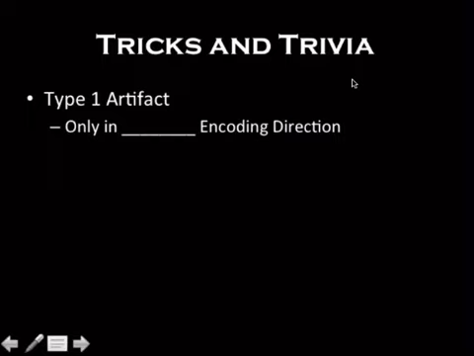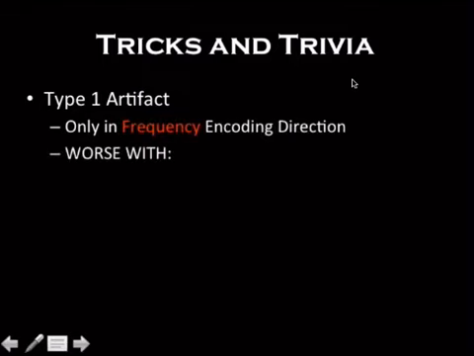So let's take a look at these. Type 1 artifact. Remember, that was the artifact that has to do with the gradient being placed and the differences between fat and water causing localization problems. And I made a huge deal about it only occurring in the frequency encoding direction.